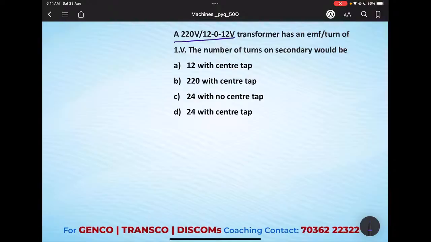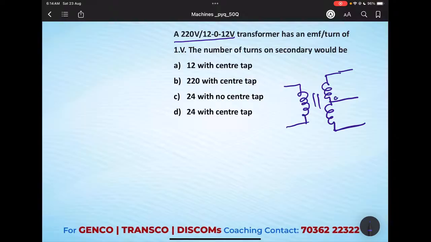If we see one center, that means 0 voltage is also there. So whenever this type of rating is given, it means it is a center tap transformer. We might have studied it in our rectifier circuit. The center tap transformer will look like this. The secondary winding is split into two windings.